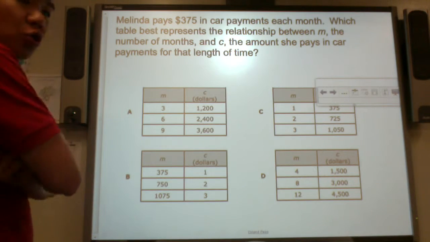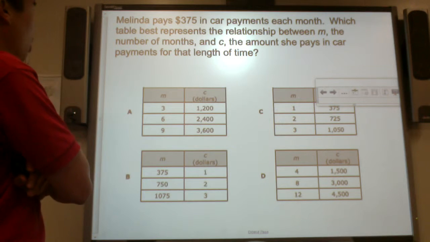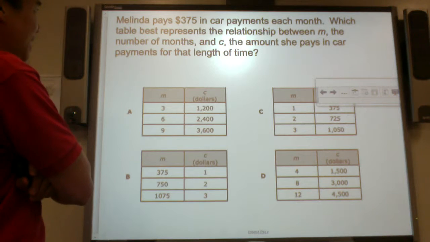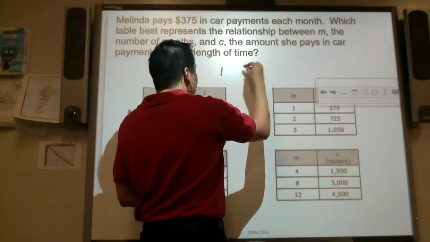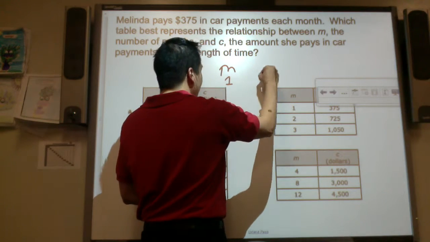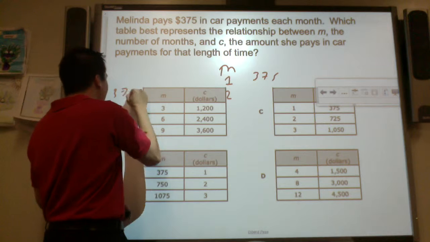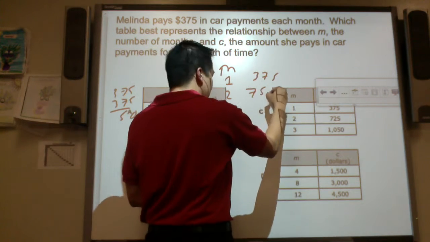So let's answer two word problems about this. Melinda pays $375 in car payment each month. Which table best represents the relationship between M, the number of months, and C, the amount she pays? So let's see. In month 1, she'll pay $375. In month 2, $375 plus $375 will be $750.